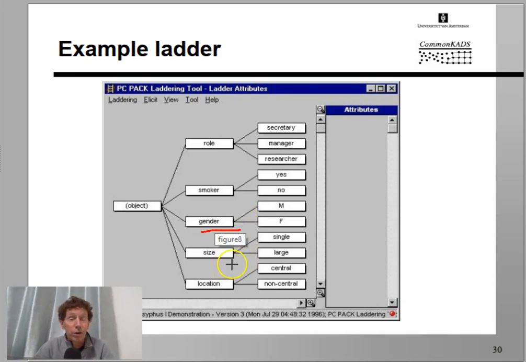Decomposition in size, not size of people, but size of offices. So we had single offices and large offices. Locations, where we had central and non-central locations. Typically you wanted, say, office assistants in central locations and researchers in non-central locations. Right, so each of these were different aspects of different criteria, and each of these criteria was decomposed into sub-criteria. Right, so this was a rather abstract ladder where you are decomposing a hierarchy of decision criteria.